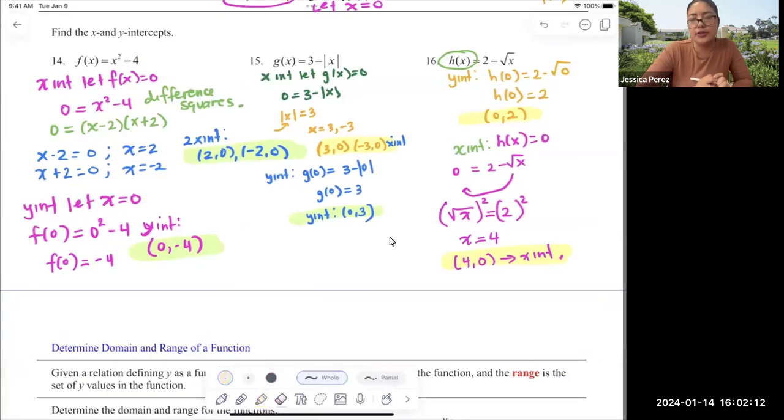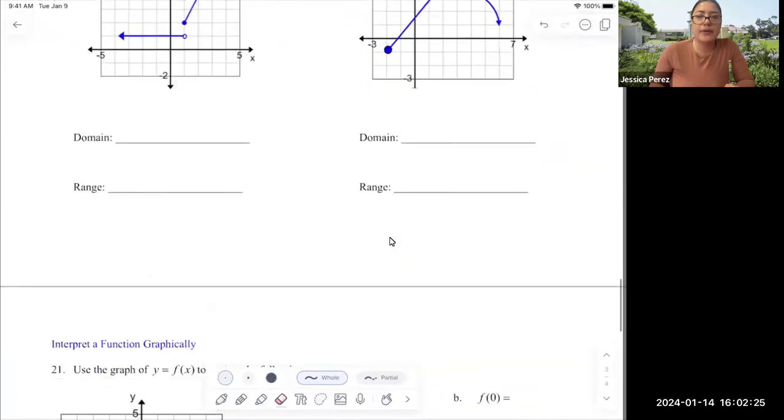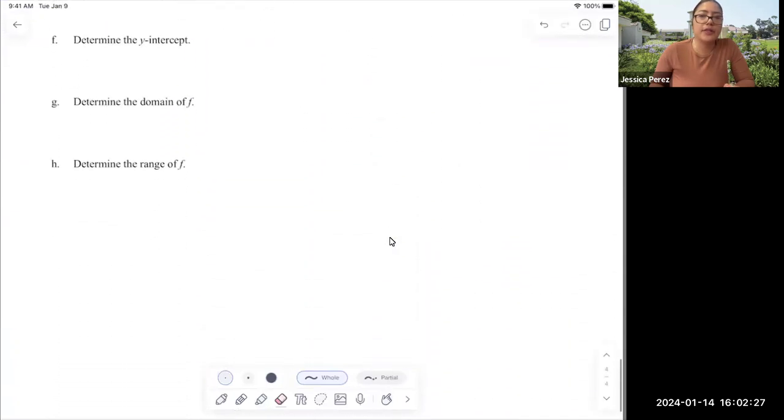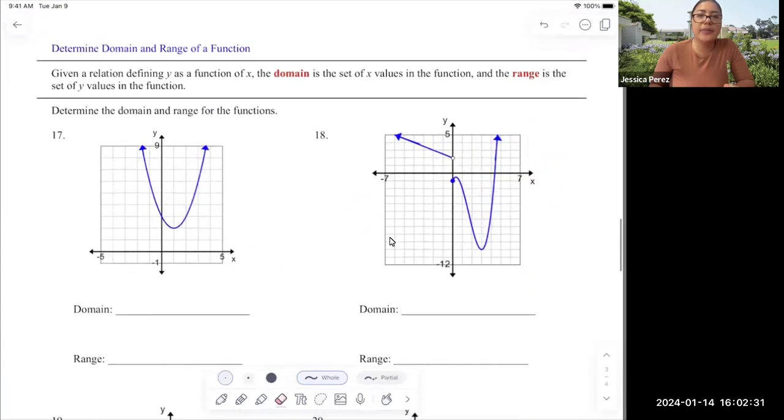Okay, so hopefully you guys are paying attention, identifying how to easily identify x and y intercepts. All right, so then we are going to move on to the next experiment of this section. And we're going to go back to remembering what this relationship means. So we talked about the domain.